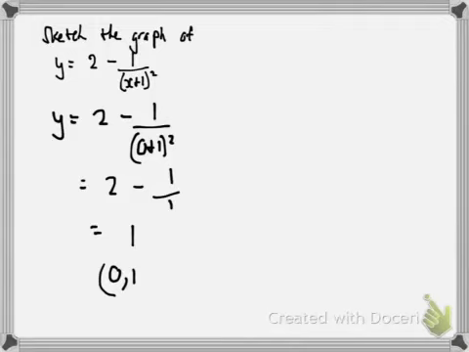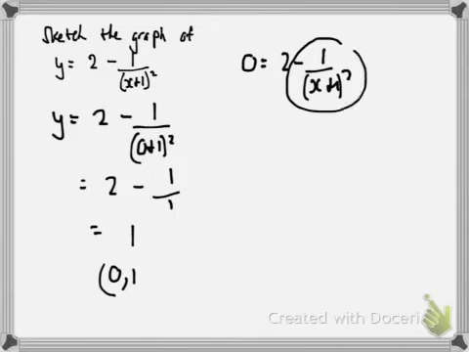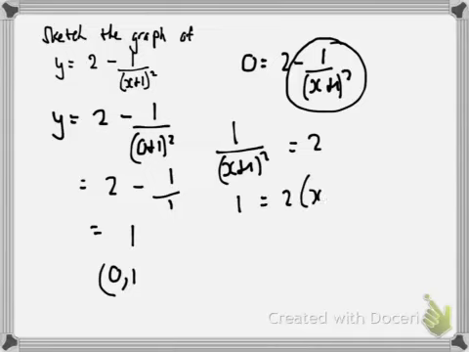Our x-intercept, we're going to get 0 equals 2 minus 1 over x plus 1 squared. Actually going to take that bit and take it to the other side, so it becomes positive 1 over x plus 1 squared equals 2. So 1 will equal 2 times x plus 1 all squared.